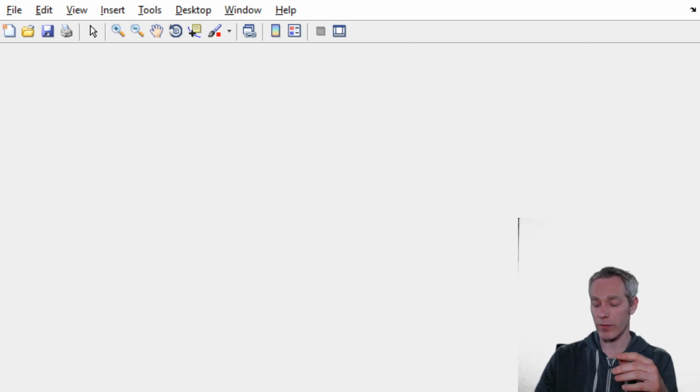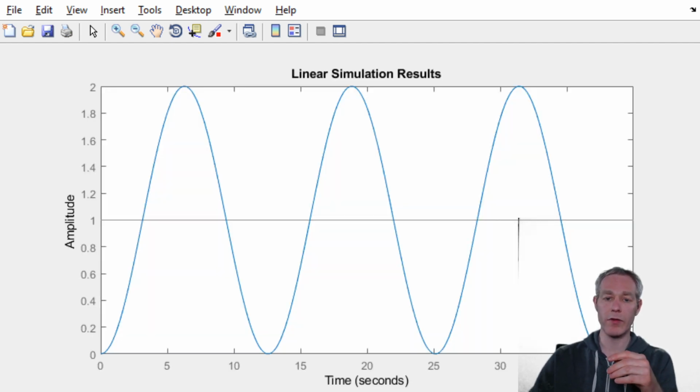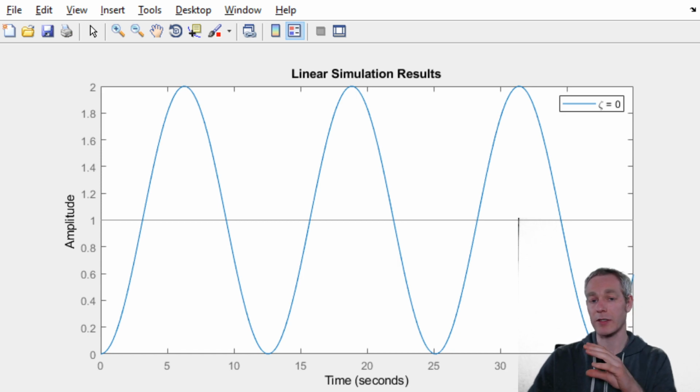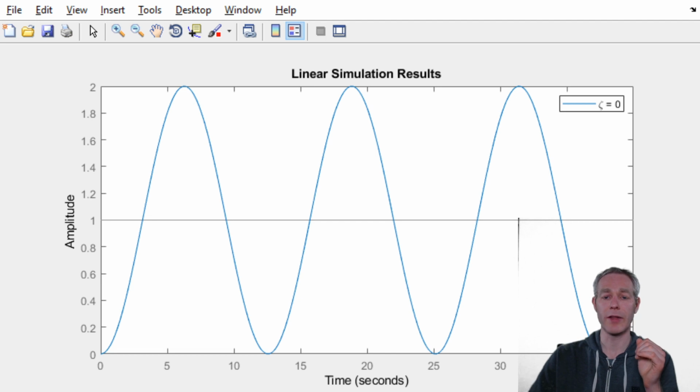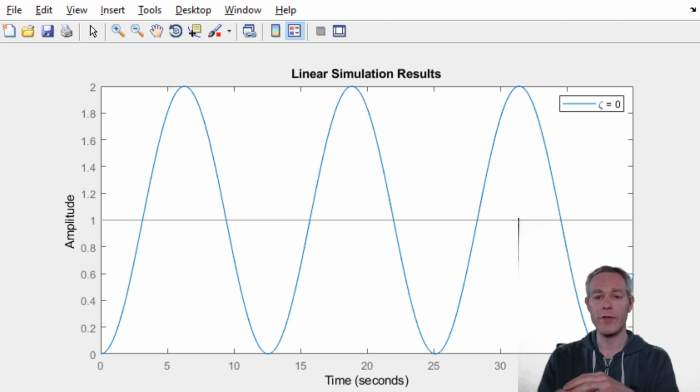I'll give you the first plot, and here we see harmonic behavior, and we also see that it is undamped. There's no increase or decrease in its amplitude. I could also show you different values for the natural frequency, and for a high frequency we would see faster oscillations, and for lower frequency we would see slower oscillations.